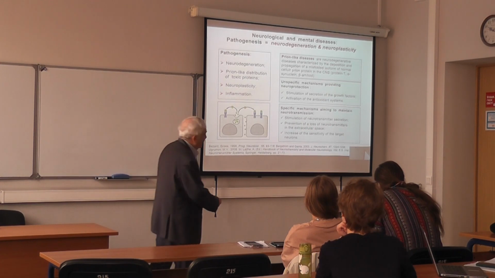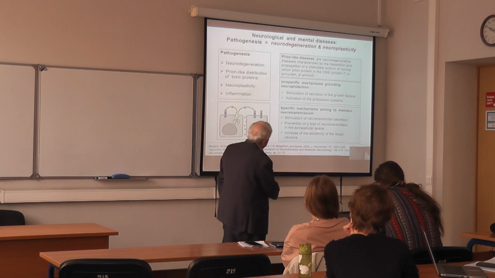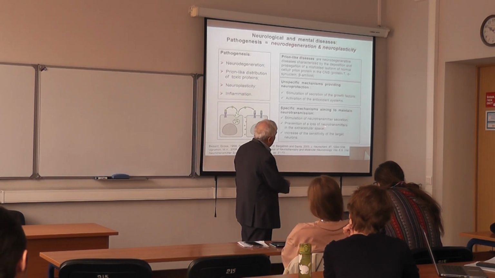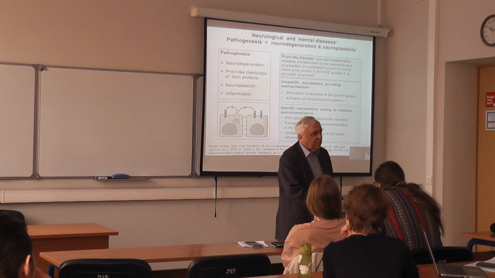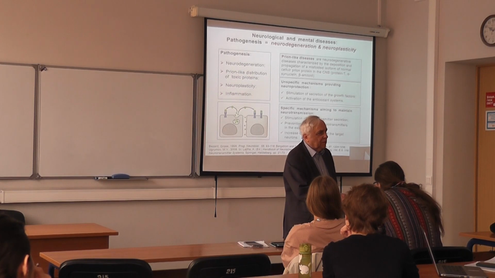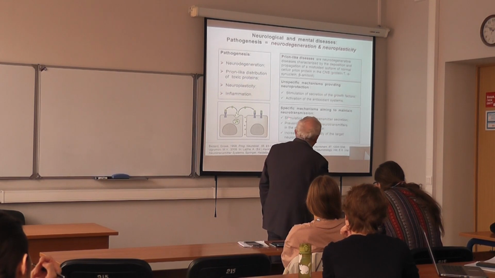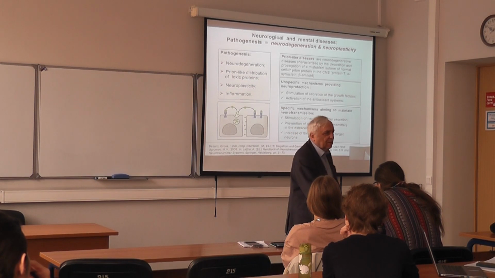My question is, how are these mechanisms realized in the case of the functioning of a dopaminergic neuron? Prevention of a loss of neurotransmitter in the extracellular space.